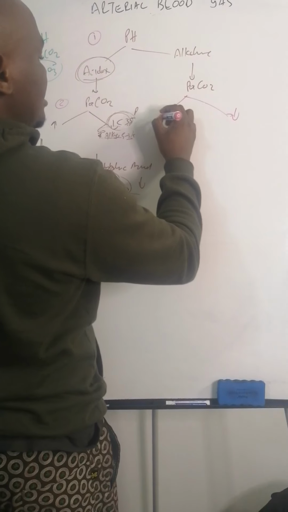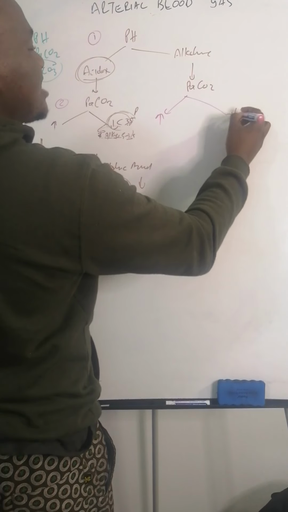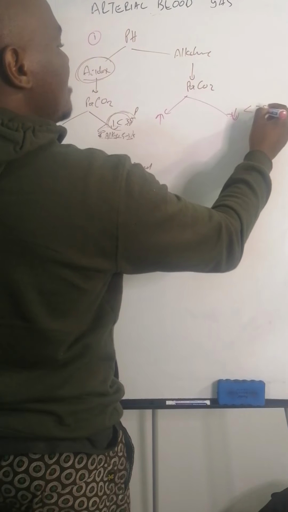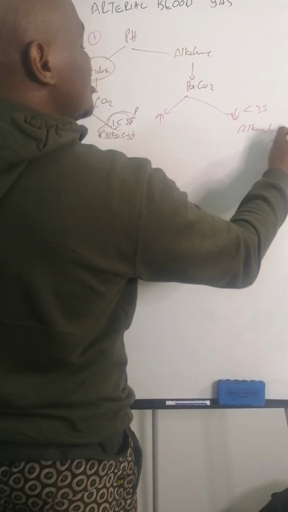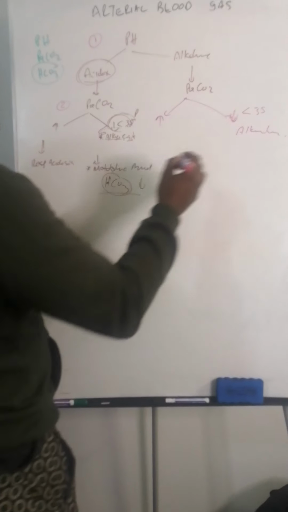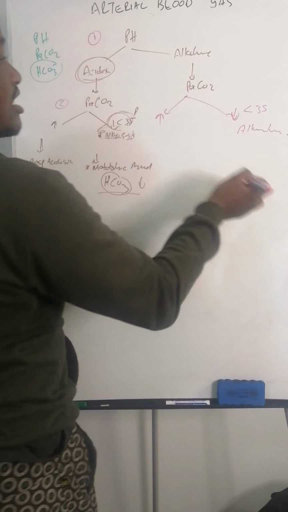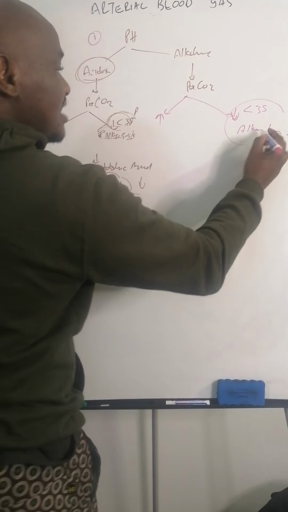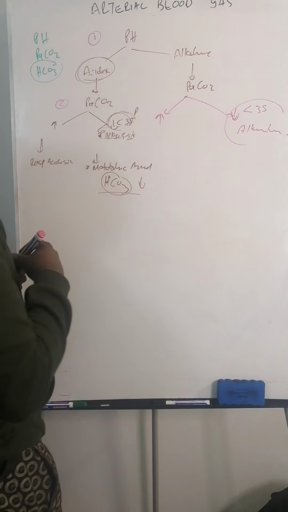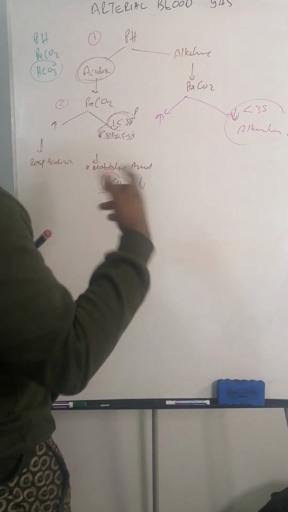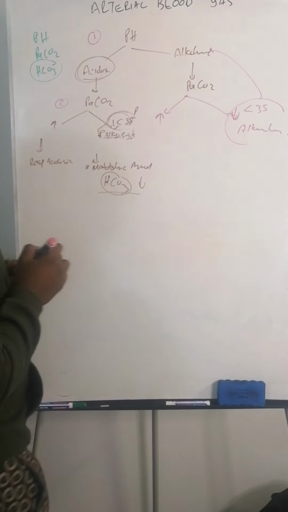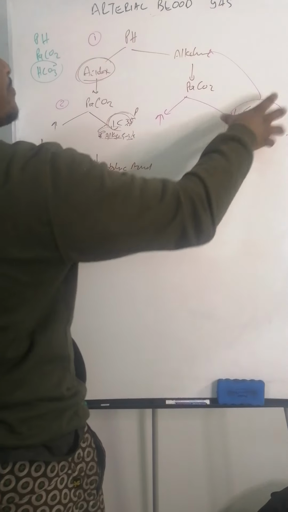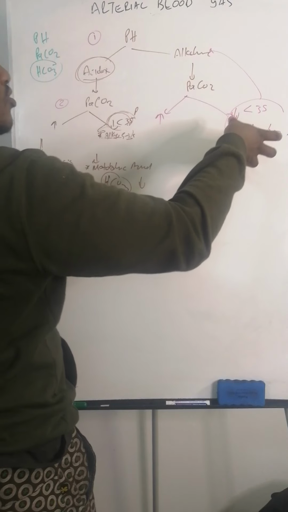A low partial pressure of CO2, which is less than 35, is alkalosis. It gives us an alkalotic pH, and this alkalotic pH agrees with our pH.